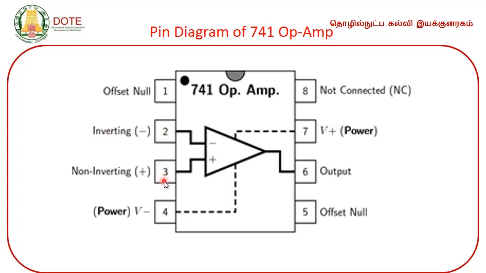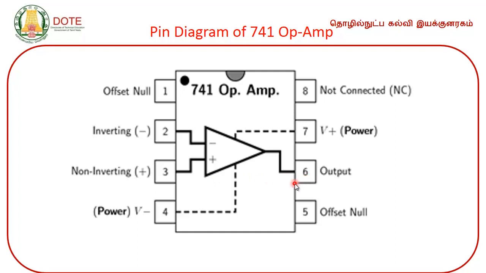Pin number 3 is the other input pin, called the non-inverting input pin, right. What is the next important pin? Output. What is the pin number? Pin number 6 in this IC is the output pin, right.